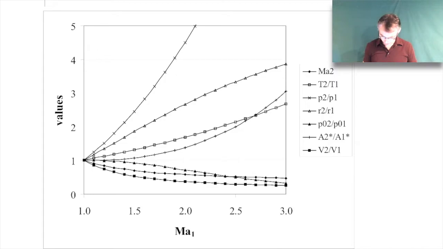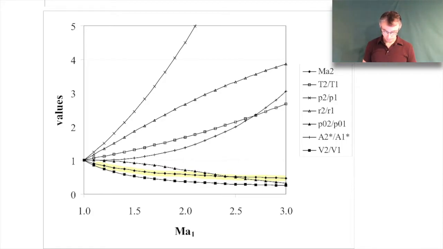Those are these little black diamonds here, I believe. Yeah. Let me highlight that one. You can see, first of all, I've only shown the upstream Mach number as being supersonic. I'll talk about that in a moment. Just trust me at the moment that shock waves only form for supersonic flows.